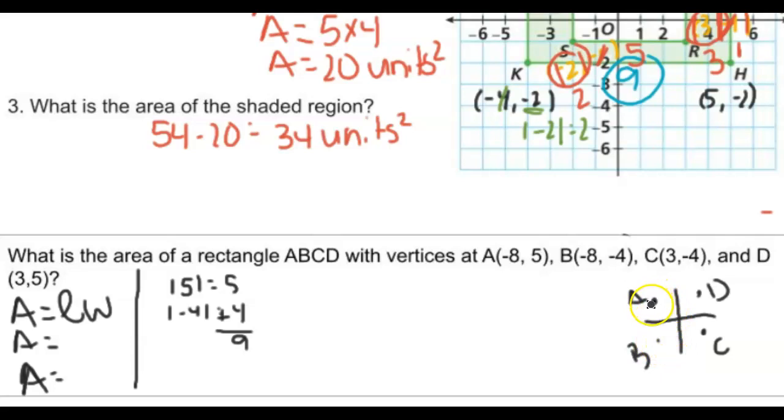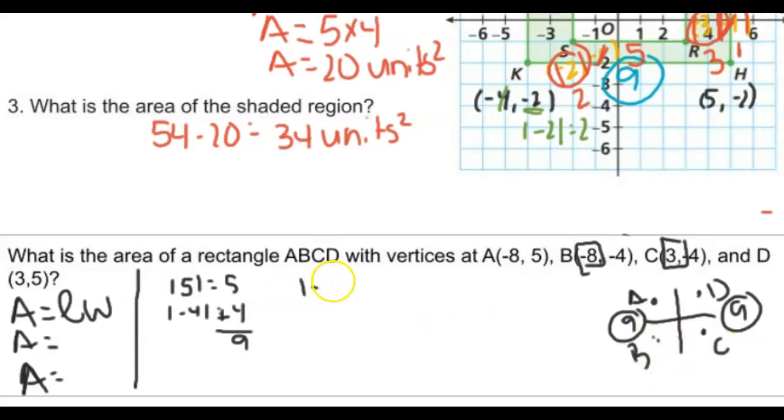I either want to find from A to D now or B to C. I'm going to go with B to C. And because I know from A to B, that is 9 because I just found that out, and if this side's 9, this side's 9. I'm going to go from negative 8 to 3 now, because I want to find from B to C so I can find this length right here.